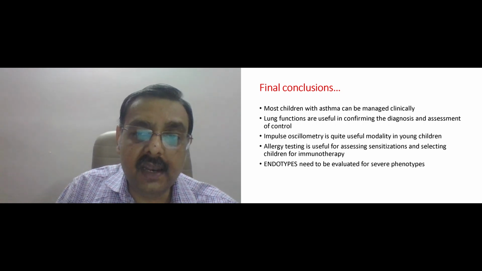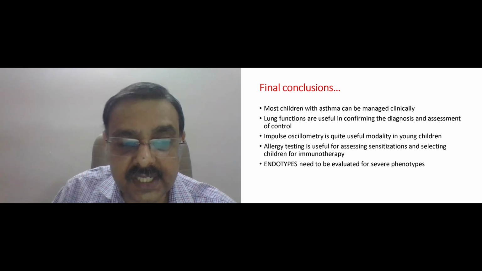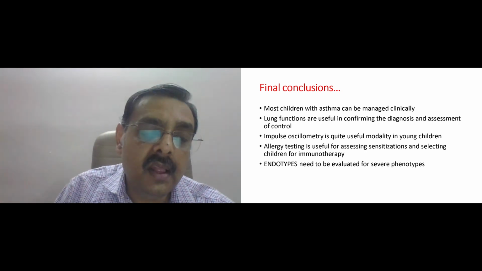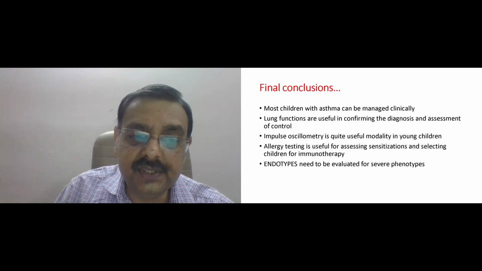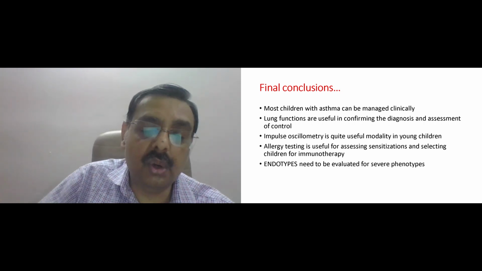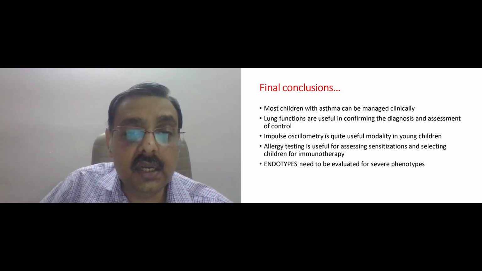Oscillometry is a useful modality in young children. Allergy testing is useful for assessing sensitization and selecting patients for immunotherapy. And the endotypes need to be evaluated only if the phenotype seems to be severe. Doing endotyping in all patients is not required as of now.